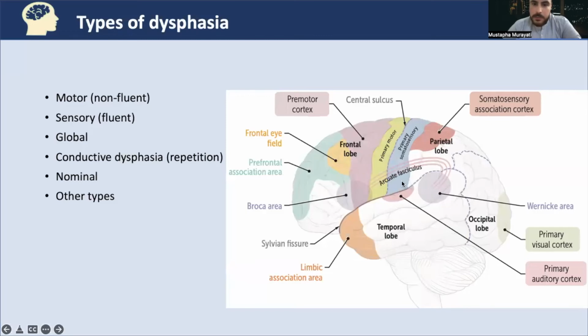The lesion there will cause the patient to present with difficulty in repetition of words. They can understand it, but they cannot repeat it, but they can tell it independently. May have nominal aphasia and many other types, which are actually out of the scope of this lecture.